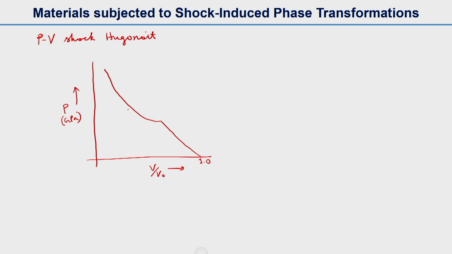And then in the unloading, this looks something like this. So this is during loading, and this is, let's say, unloading. During loading, as you know, it is close to 13 gigapascal where the discontinuity of slope occurs.